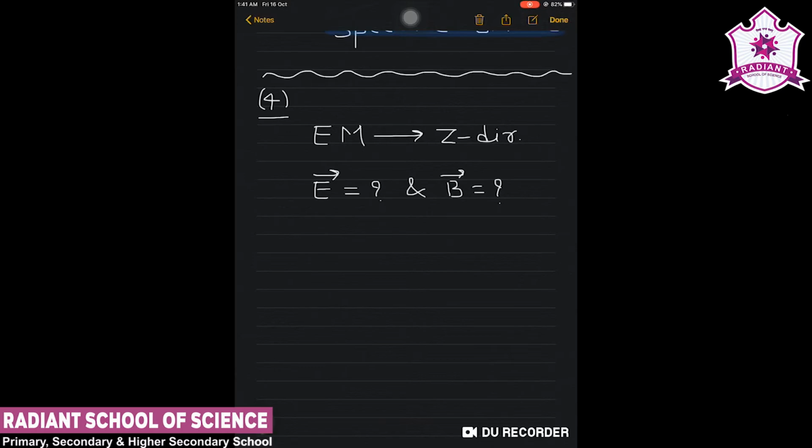They have given us the frequency, that is 30 megahertz. So it is clear that it is 30 × 10^6 hertz, and they have asked us about the wavelength of the given wave.